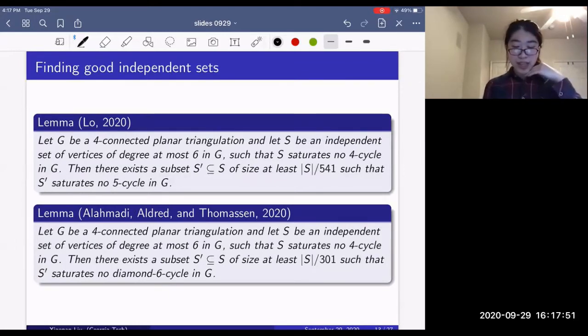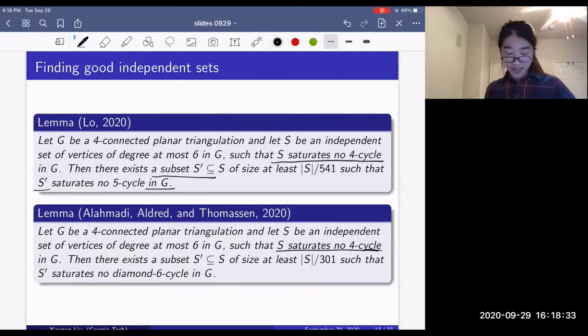Liu showed that if G is a 4-connected planar triangulation, and S is an independent set of vertices of degree at most 6, and S saturates no 4 cycle, then we can find a subset S' of size at least |S|/541 such that S' saturates no 5 cycle in G. Alahmadi, Aldred, and Thomassen showed that if S is also an independent set of vertices of degree at most 6, and S saturates no 4 cycle, then there exists a subset S' of size at least |S|/301 such that S' saturates no diamond 6 cycle.